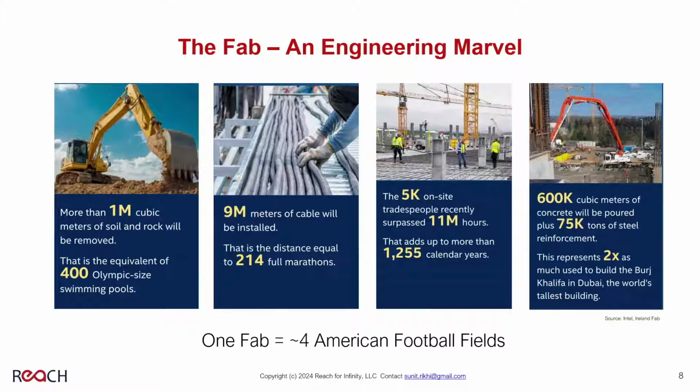The cables that are laid out in the fab go 9 million meters. And at any given time during construction, there are 5,000 trade labor. In spite of all the automation that is involved in constructing such giants, 5,000 people are working at one time.